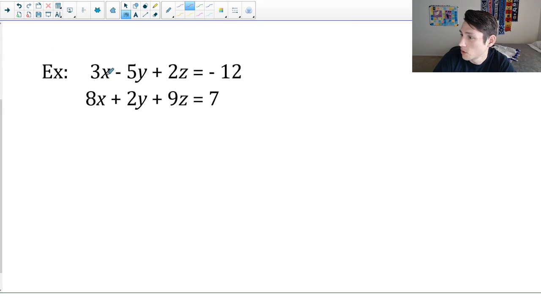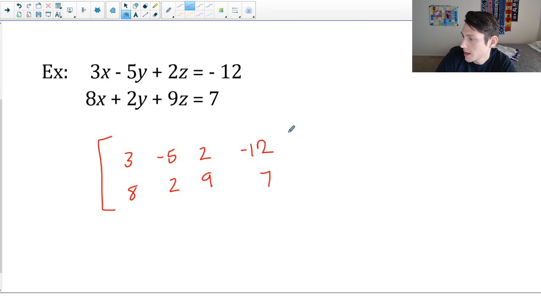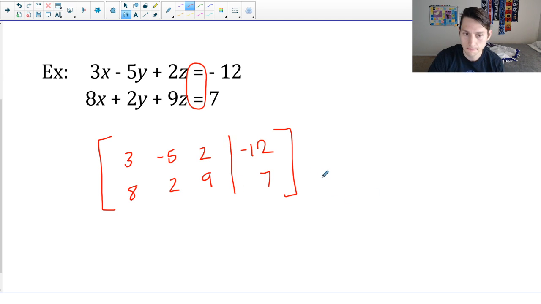Really it's just taking the coefficients, 3, -5, 2, -12, listing them all out, 8, 2, 9, 7, and putting them in a matrix. The only difference is, to keep separate what is on the other side of the equals sign, we can put this little vertical bar, this vertical line here. So this is an augmented matrix.